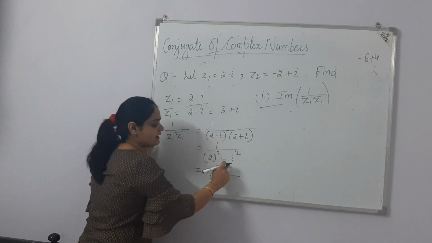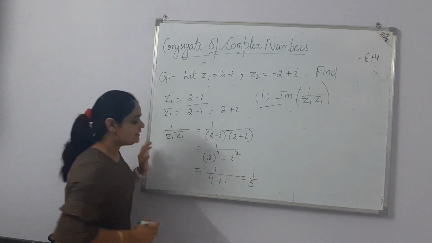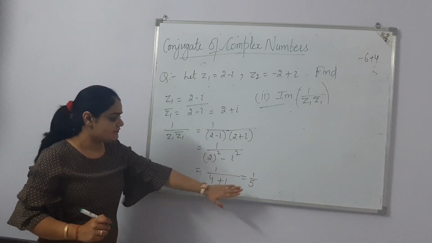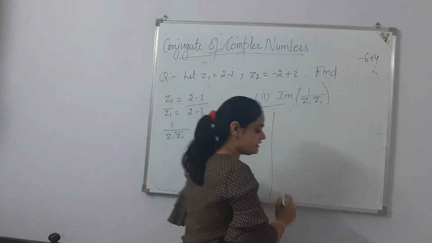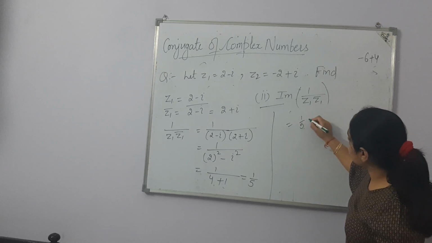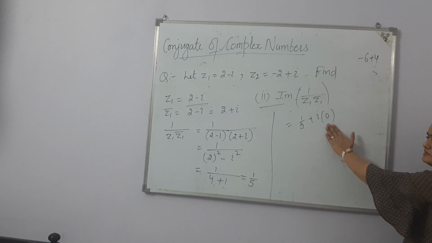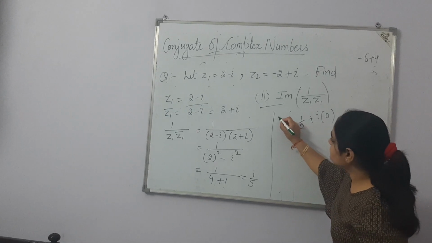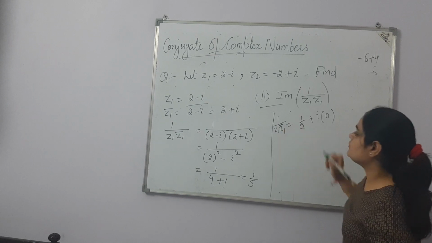So it is 4, iota square is minus 1, minus minus plus, it is 1 by 5. So 1 by 5 is the real part. There is no imaginary part. We have to change it into the complex number first. It becomes 1 by 5 plus iota into 0. This is the complex number, 1 upon this was the value of z1 conjugate.